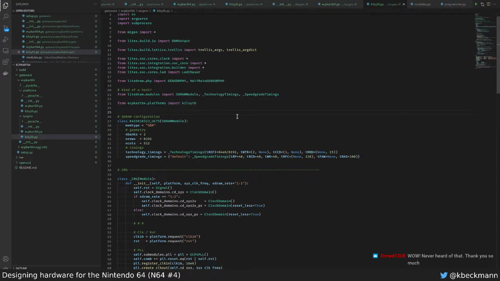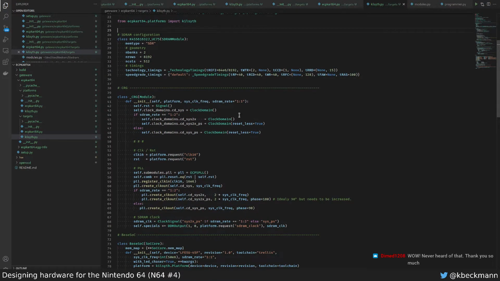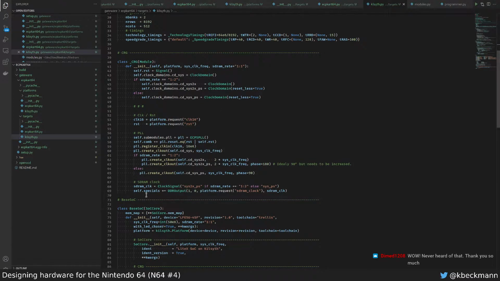Here I reused quite a lot from the Radeon ULX3S board because it's kind of similar. It has an ECP5 and an SDRAM and a bunch of stuff, and then I just ripped out what I didn't use. So you sort of set up the stuff that you want to include. Here's some glue to just get the clocks going.